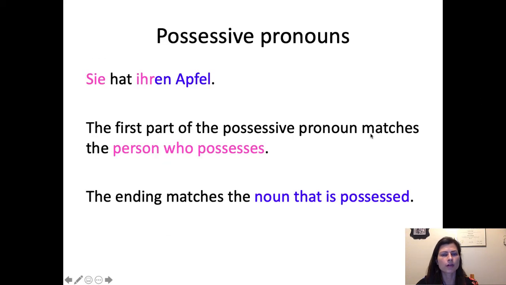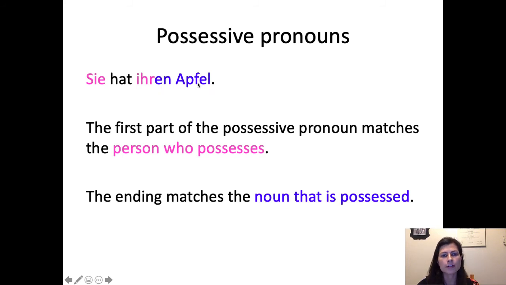Okay, so let's just look at how these are constructed again. Sie hat ihren Apfel. She has her apple, right? The first part of the possessive pronoun matches the person who possesses. So sie and ihr, she and her, they go together, right? But then the second part, the ending, is determined by the noun that comes after.